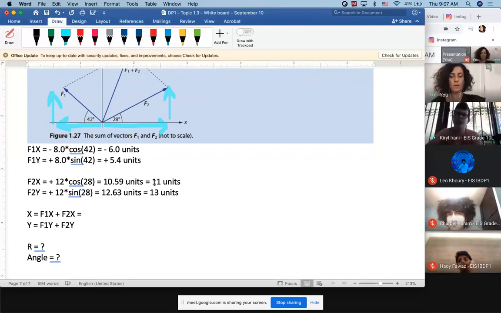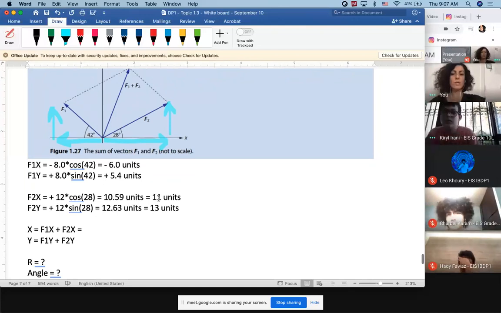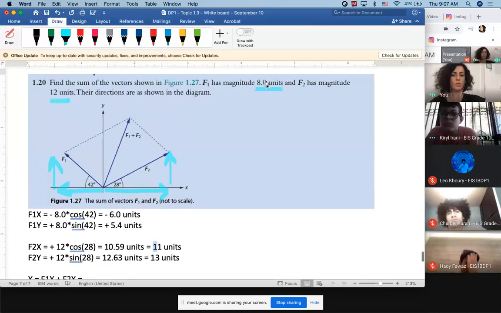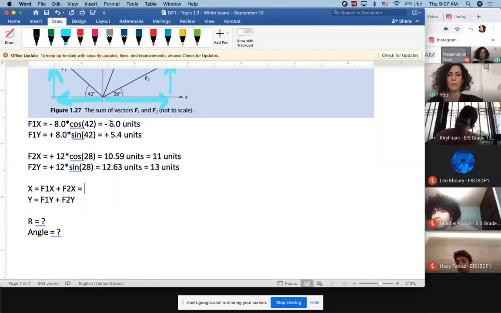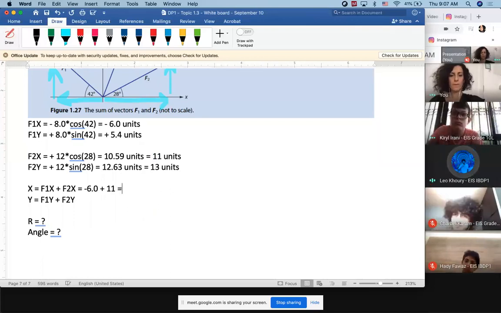So I'm actually rounding to 2 digits because the given is 2 digits and 2 digits. That's why they said 8.0 and not 8. To tell me, please round your final answer to 2 digits. All right, so back to Leo, please add these two. It is 2 digits. I'm not rounding decimals, I'm rounding just digits.